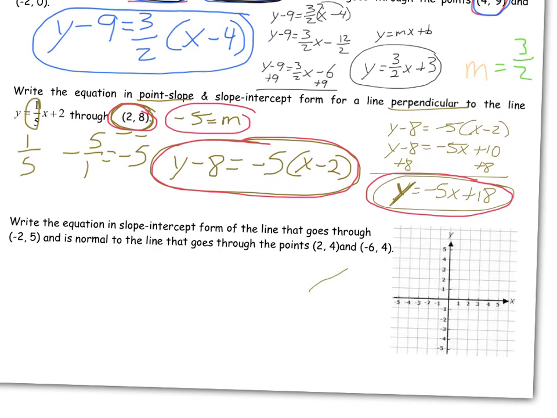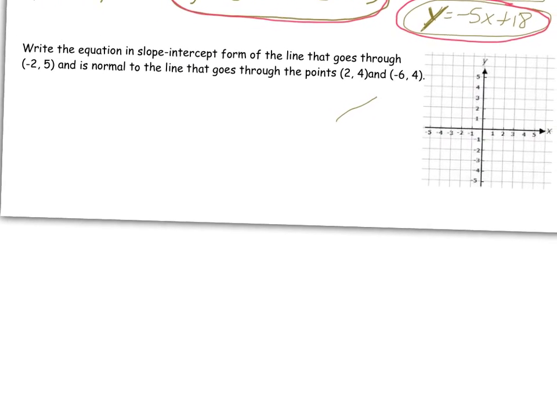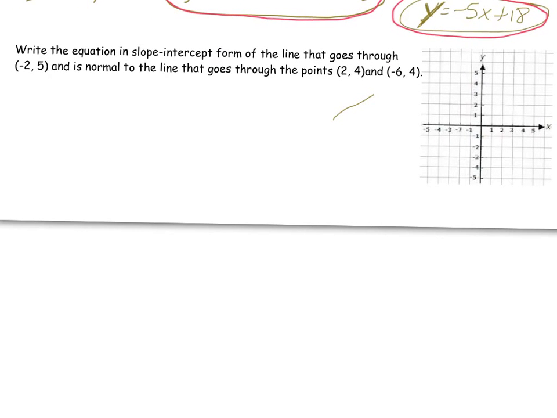All right, last question. Write the equation in slope-intercept form of the line that goes through that point and is normal. One thing to look at, this word normal basically is the same thing as perpendicular.